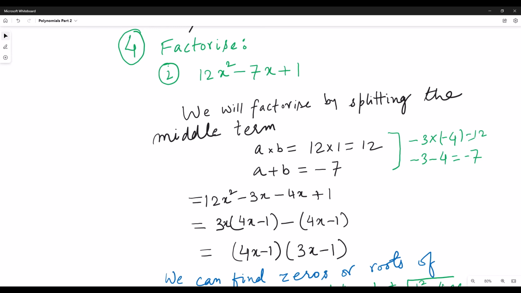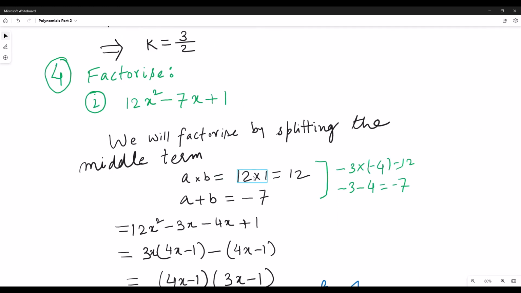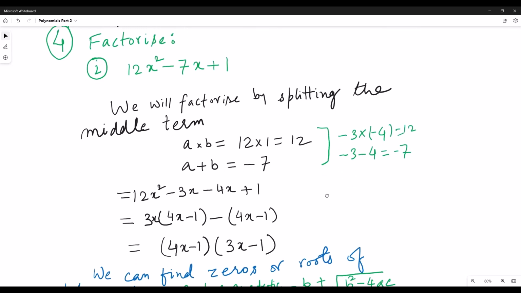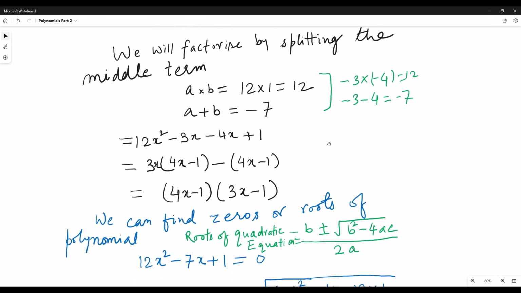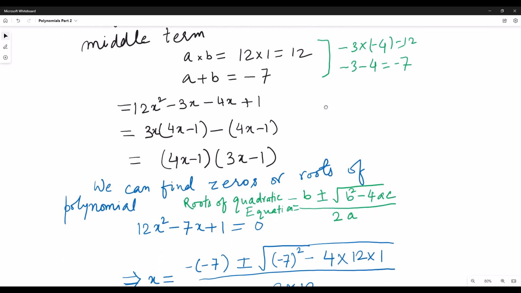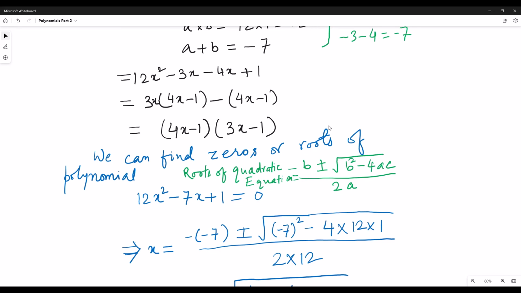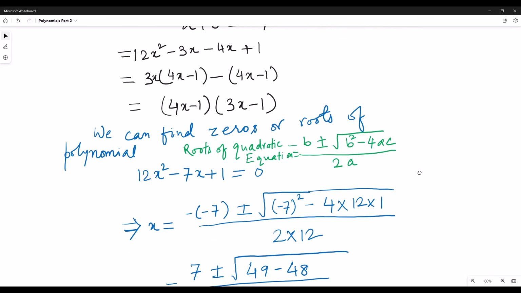To factorize, you need to find two numbers a and b so that a times b is 12 times 1, that is 12, and a plus b has to be minus 7. We have found those two numbers, 3 and 4, and we split the minus 7x as minus 3x and minus 4x.